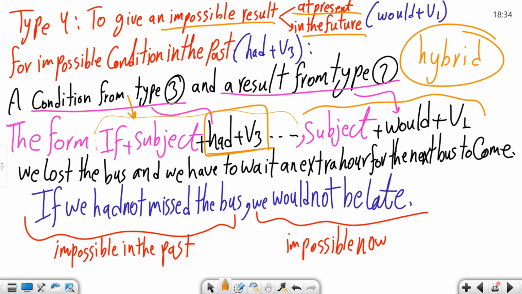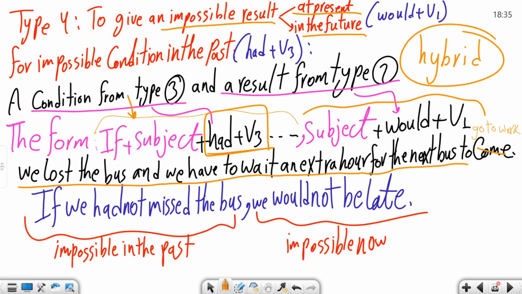Let's take an example. We missed the bus, me and my friends, and we have to wait an extra hour for the next bus to come, for example, to go to work.